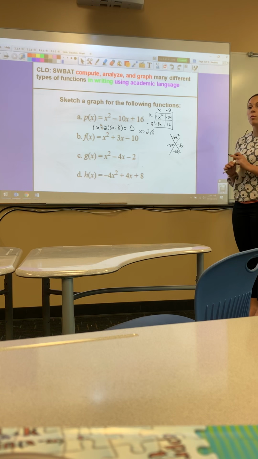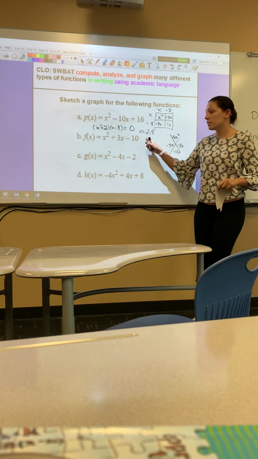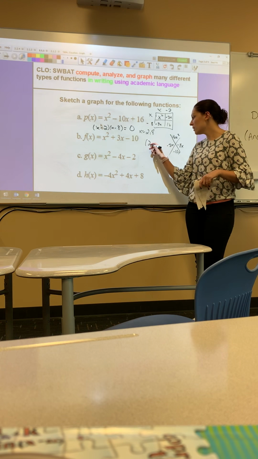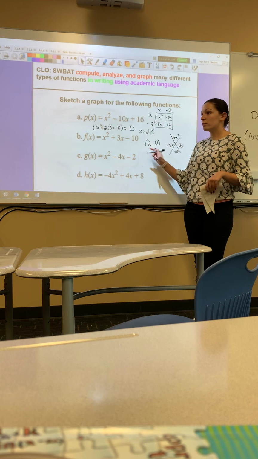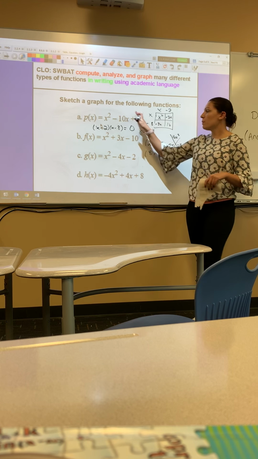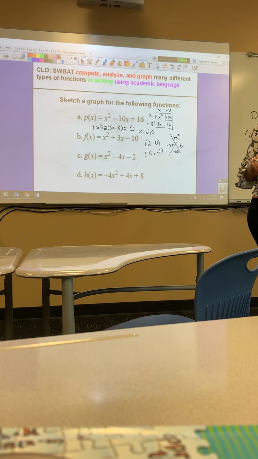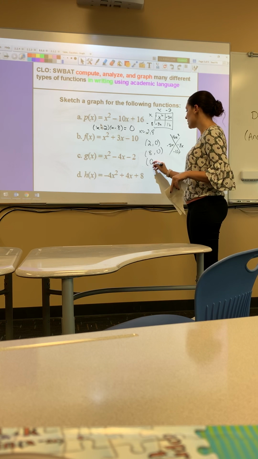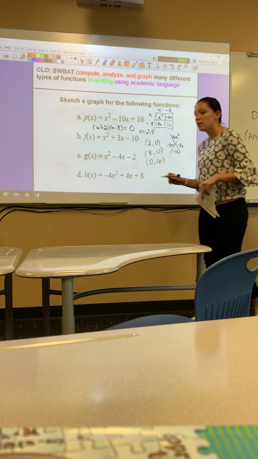So what's one way to write this key characteristic of my x-intercept? Yes, 2, 0. X-intercept, when x equals 2, y equals 0, and 8, 0. Just by looking at what we've done so far, do we have any other key characteristic here? Absolutely. Our y-intercept is 0, 16.